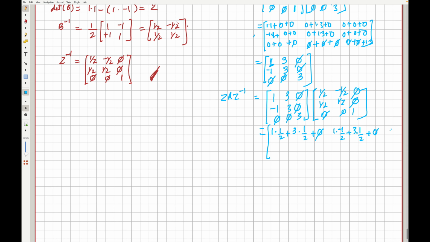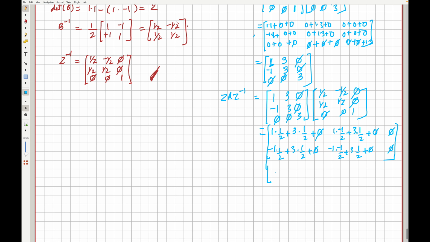The next one is just all would be 0. And in the following line, we have minus 1 times 1 half plus 3 times 1 half plus 0, and then we have minus minus plus, so 1 minus 1 times minus 1 half plus 3 times 1 half plus 0, and then this one is 0.